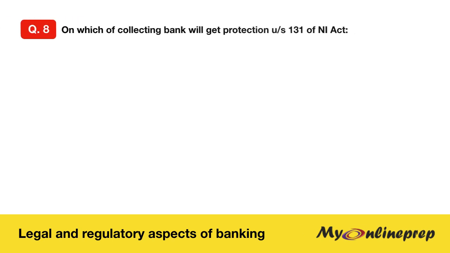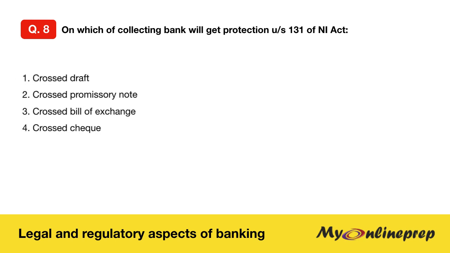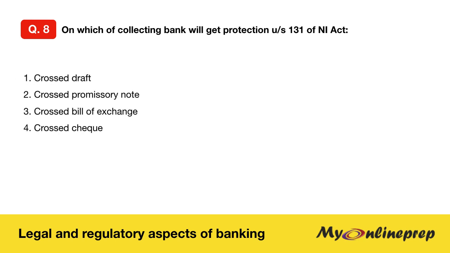On which of the following will a collecting bank get protection under Section 131 of the Negotiable Instruments Act? Crossed draft, crossed promissory note, crossed bill of exchange, or crossed cheque? Yes, the correct option is the fourth one, crossed cheque.